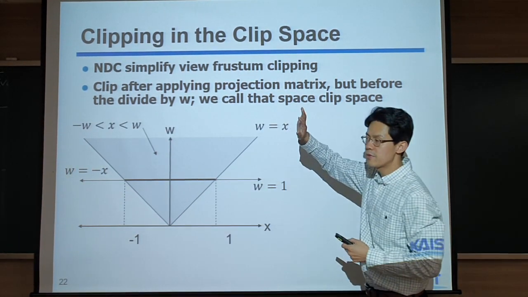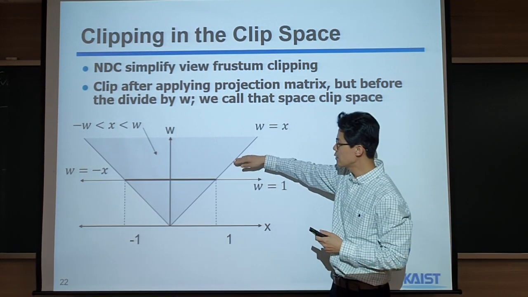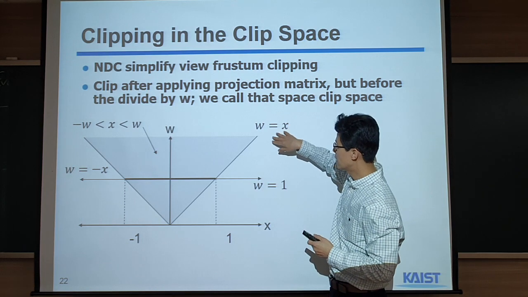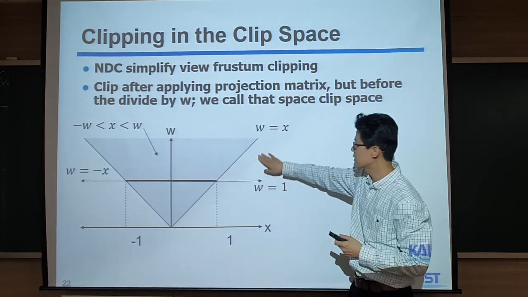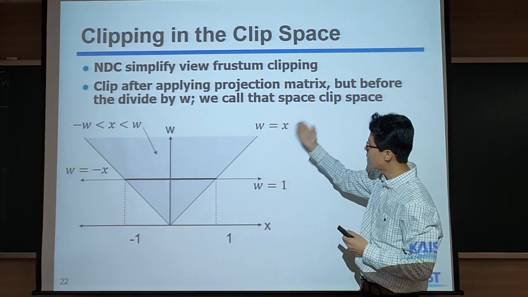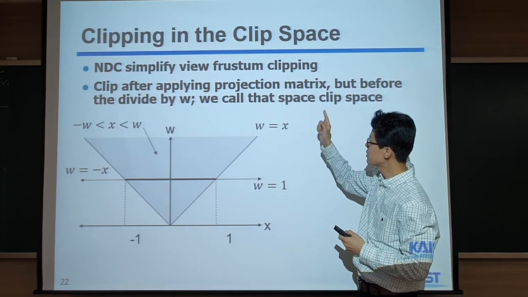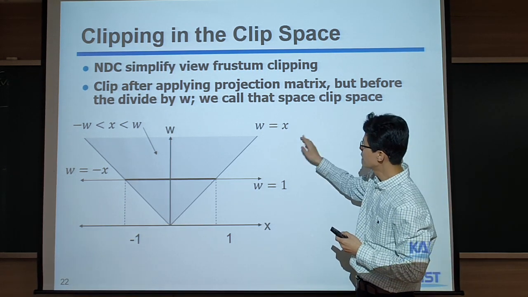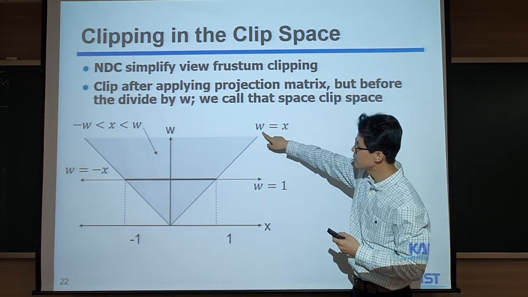If you visualize the view frustum here, you will see that this line has w equal to x. Why? If you do the homogeneous divide, dividing the coordinate with x and w, it turns out that after the homogeneous divide, it will be 1, right?